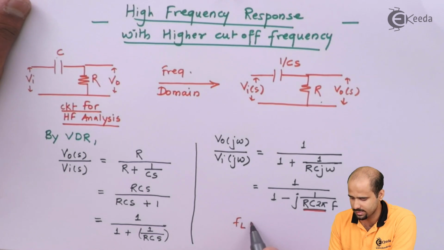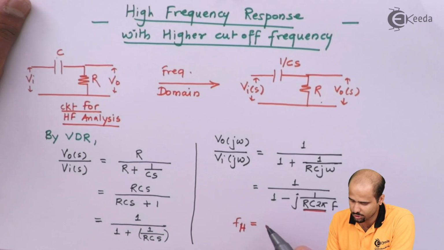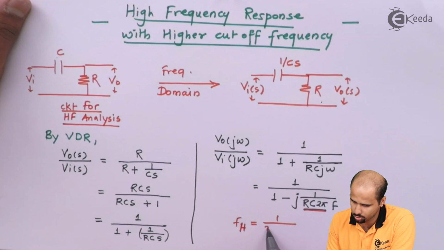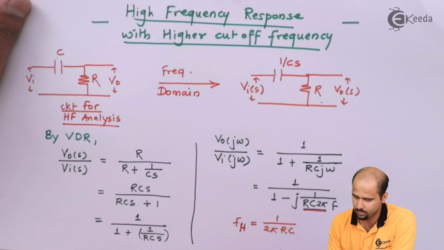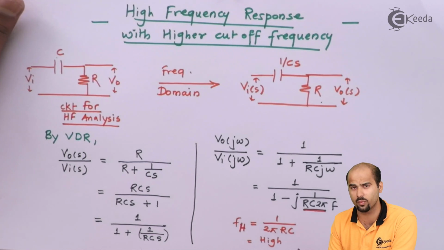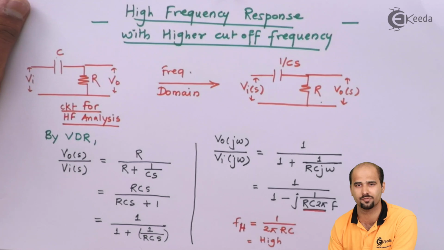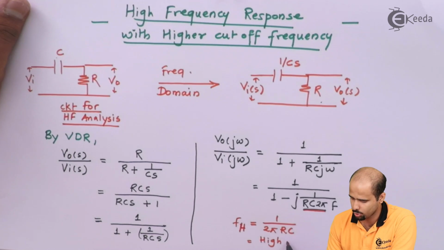This is nothing but the value of the higher cutoff frequency FH, which is equal to 1 upon 2 pi RC. This is called the higher cutoff frequency. Actually, it is a low cutoff frequency, but we'll make use of this frequency in high frequency amplifier cases. So it is a high cutoff frequency.